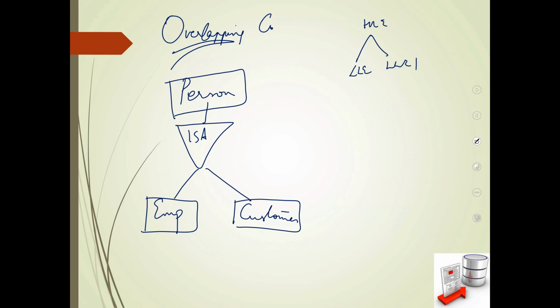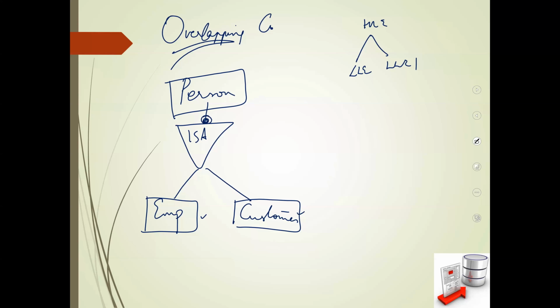But there is always a case that the employee is also a customer. The person working in the supermarket will buy from there, and the moment he buys things, he is a customer. So a person can be an employee and a customer at the same point of time. Such things you denote with O.